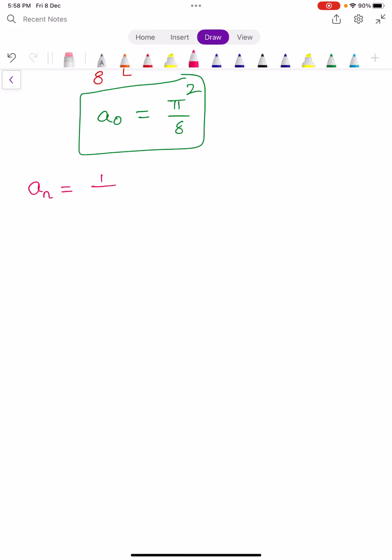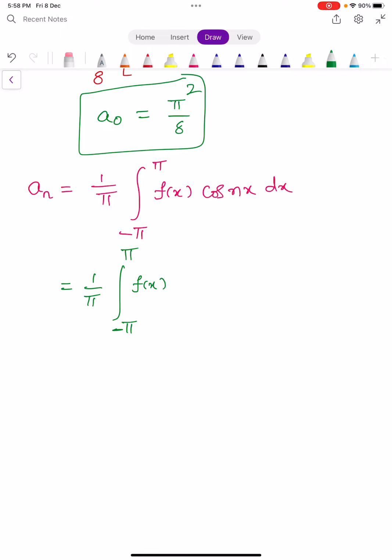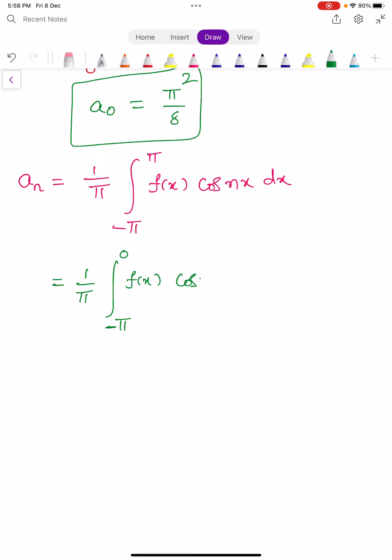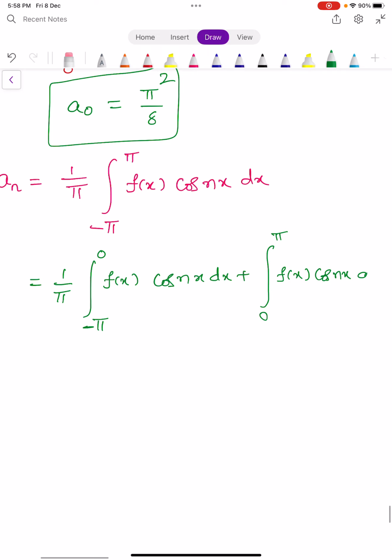An equals 1 by pi integral minus pi to pi f of x cos nx dx. Again we split the integral: 1 by pi, integral minus pi to 0 f of x cos nx dx plus integral 0 to pi f of x cos nx dx.